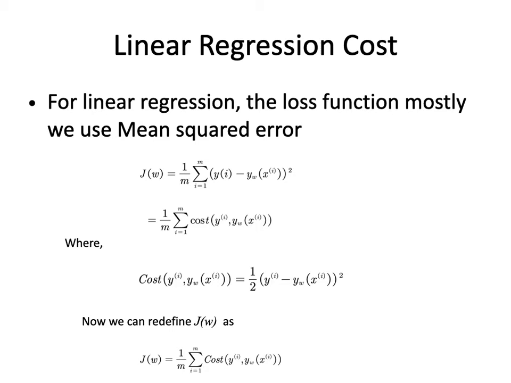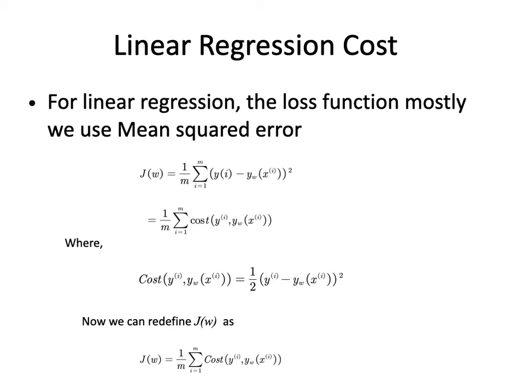It is a convex function, and the loss function can be optimized easily using gradient descent, because it is convex, and we use gradient descent to find our optimized weight values or parameters, or to find the minima of the loss function. And here from the equation we define the cost function as the square of the difference between the y predicted and the y actual.